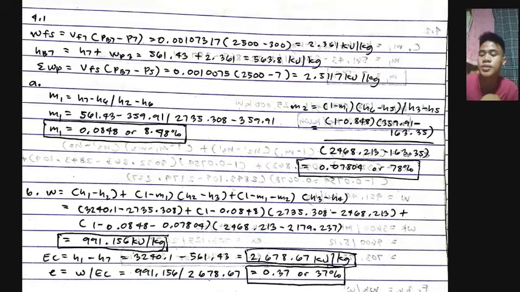And again, by substituting it and calculating it, work or W equals 991.156 kilojoules per kilogram.